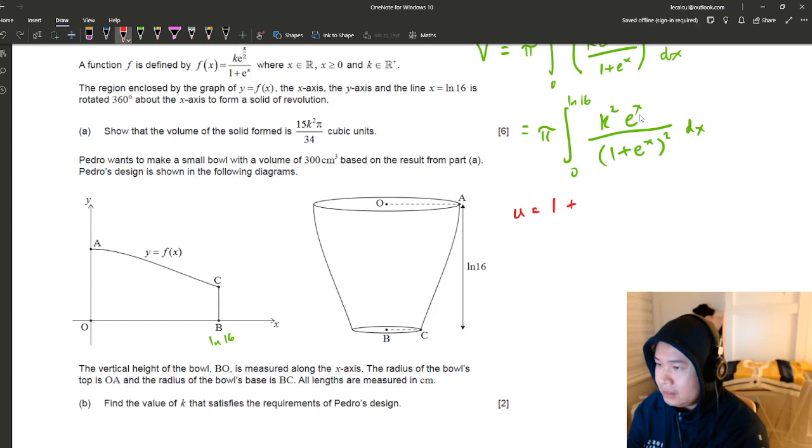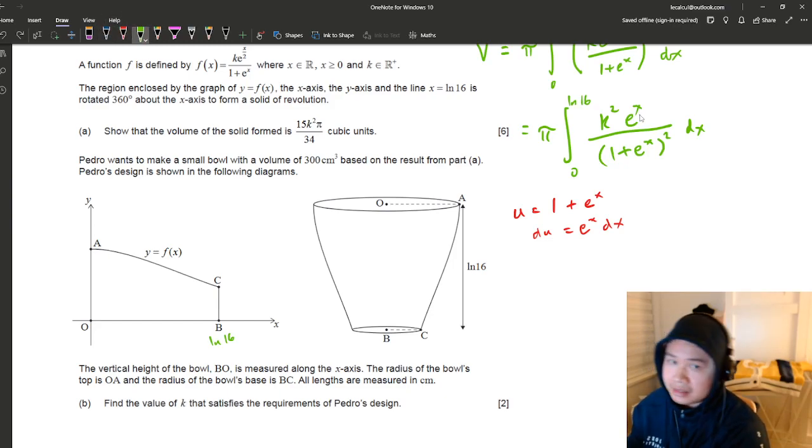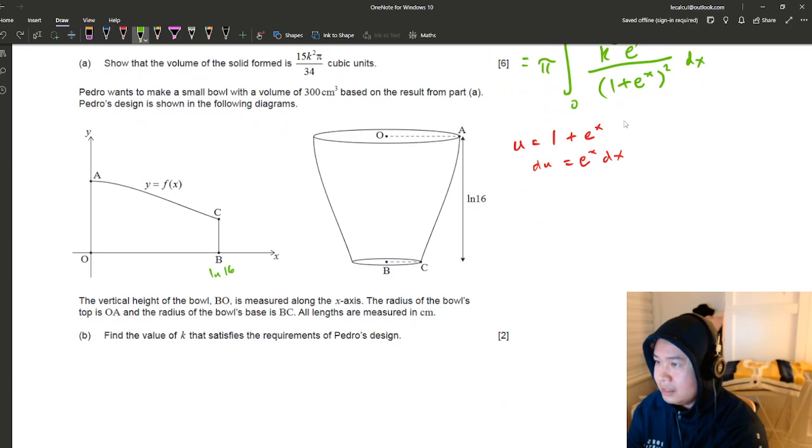So if you want to, you can make a u substitution. Because here's your e^x dx that turns into the du. Either way, as an HL student, you can also probably just eyeball this integral.